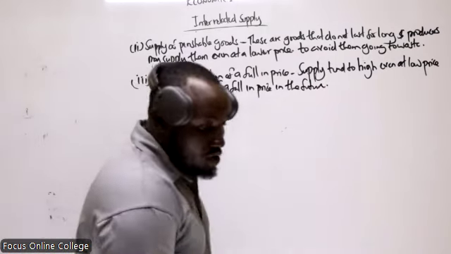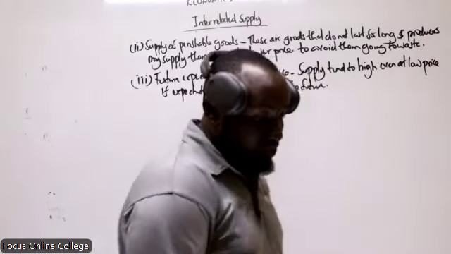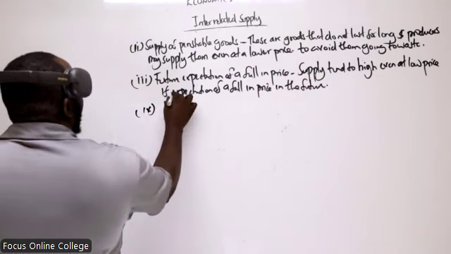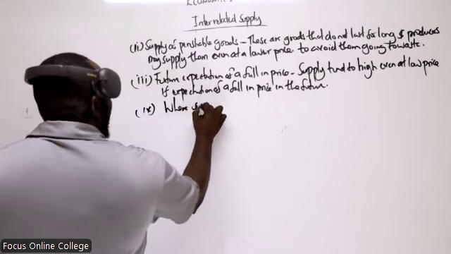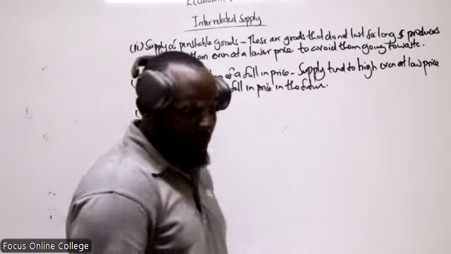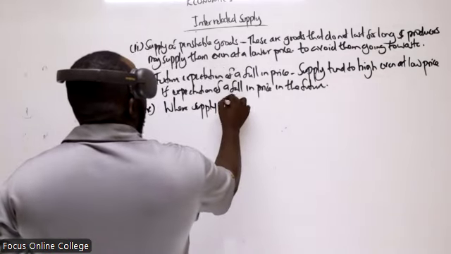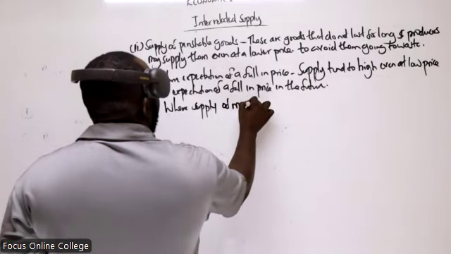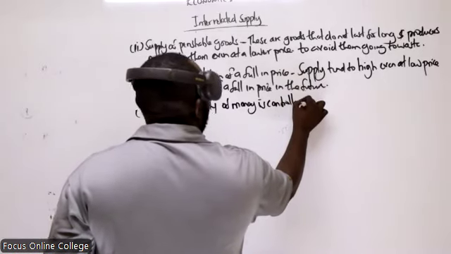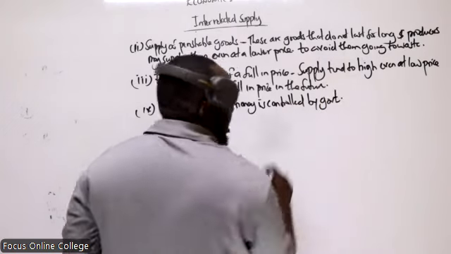So then the fourth exception is where the supply of a commodity, where the supply of money, is controlled by the government.